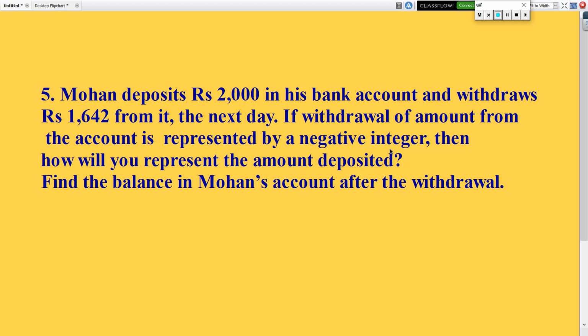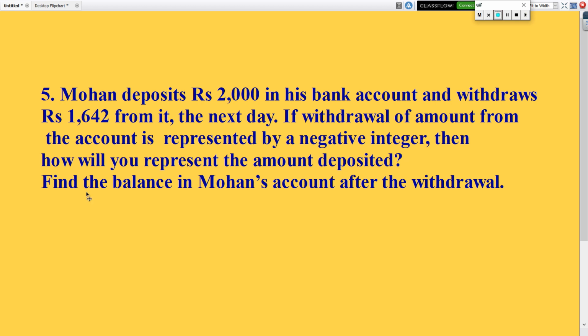It is represented by a negative integer. Then how will you represent the amount deposited? If taking back is negative, then deposit will be a positive integer. So you can write a positive integer.